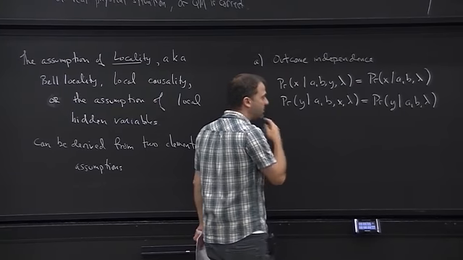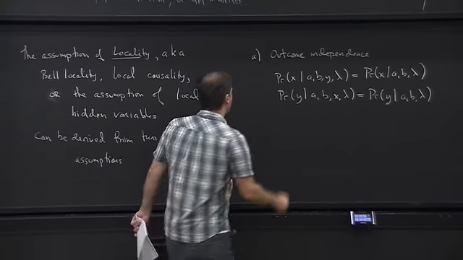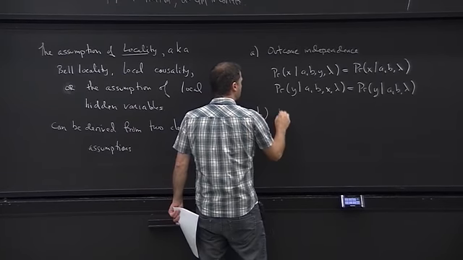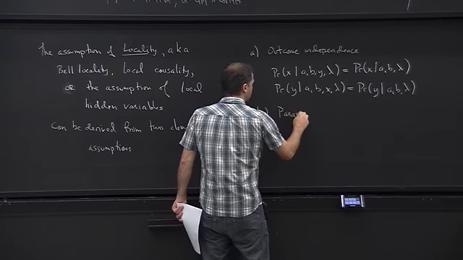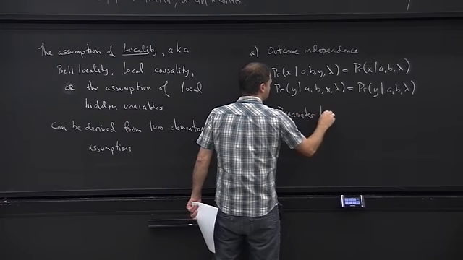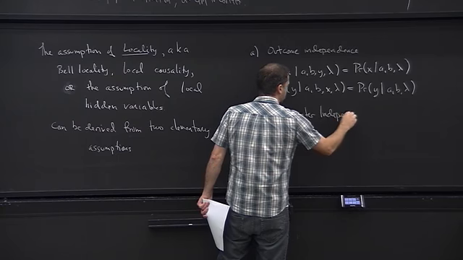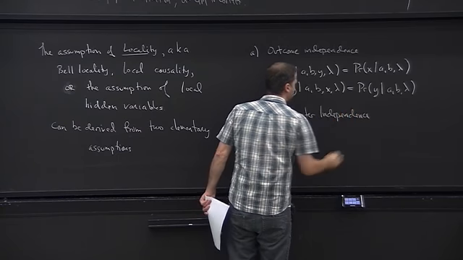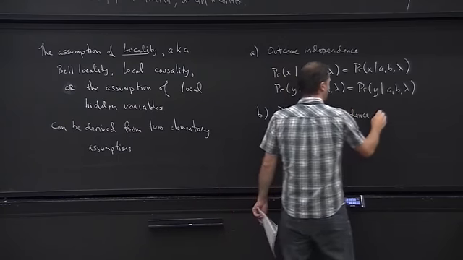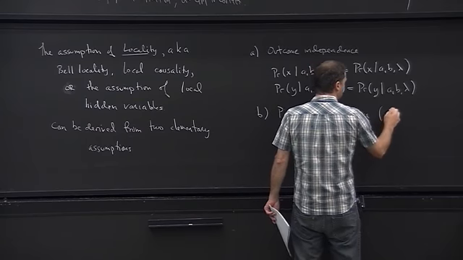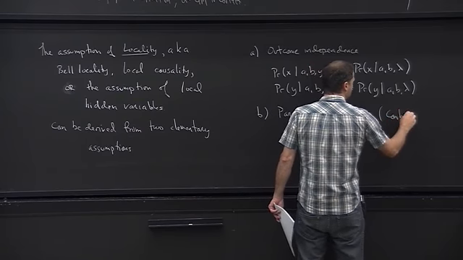Okay, so the term outcome independence is self-explanatory. And then assumption B is called parameter independence, which we can also think of as context independence.